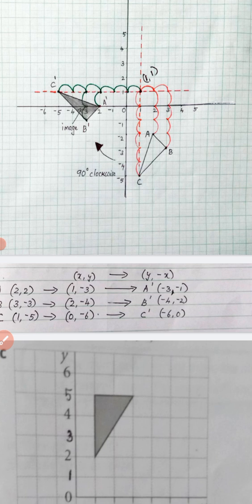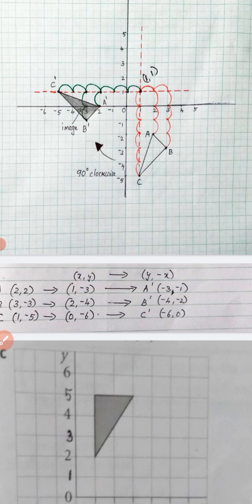So we can't apply the rule (x, y) becomes (y, -x). The rule is, when we rotate a figure 90 degrees clockwise, each point of the given figure has to be changed from (x, y) to (y, -x). Negative x means opposite of x.